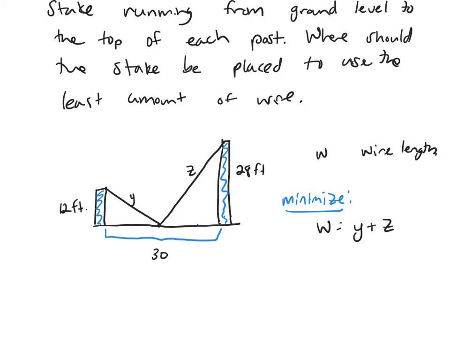Now, I need to know this distance here. I'll call this first distance x, and that first triangle. Well, if that whole distance is 30, then this missing side right here is 30 minus x.